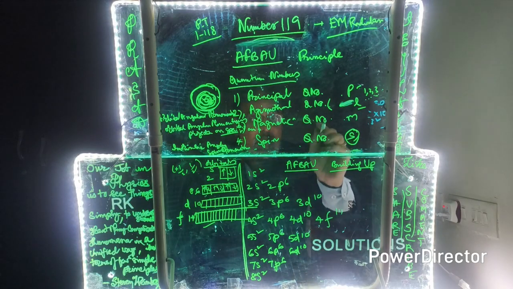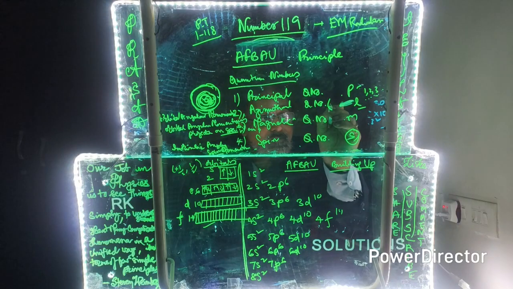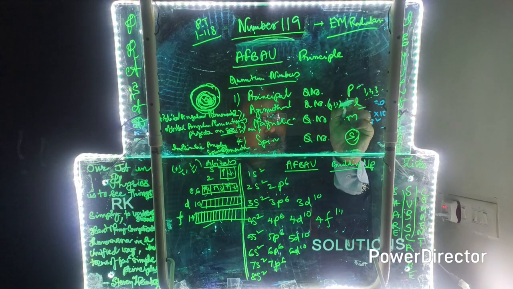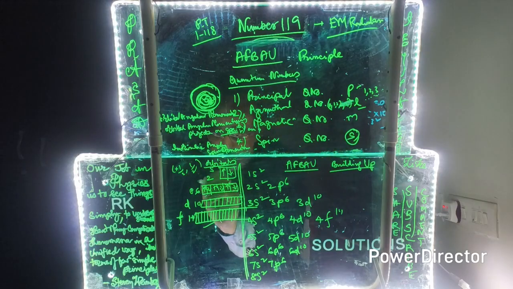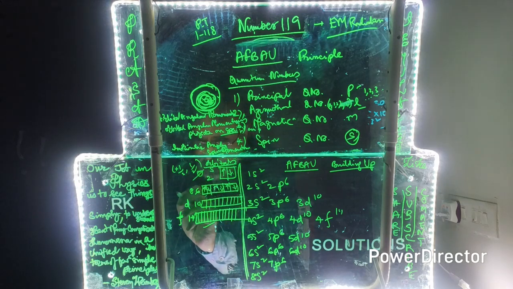Azimuthal can have 0, 1, 2, 3, 4 like that. Whereas this s will take azimuthal value of 0. P is 1, d is 2, f is 3. Azimuthal quantum number. Let's say g equal to 4.